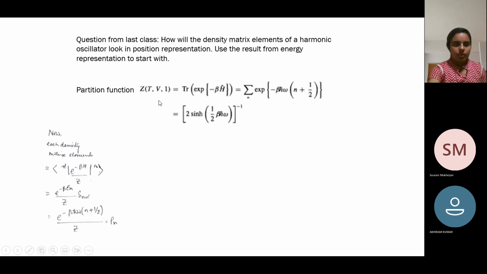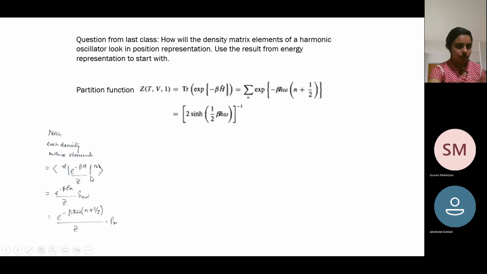Okay. Now, how will each density matrix element in the energy representation look? It would look something like this. You're doing this inner product with two different terms, n and n prime, which are different eigenstates in the energy basis.